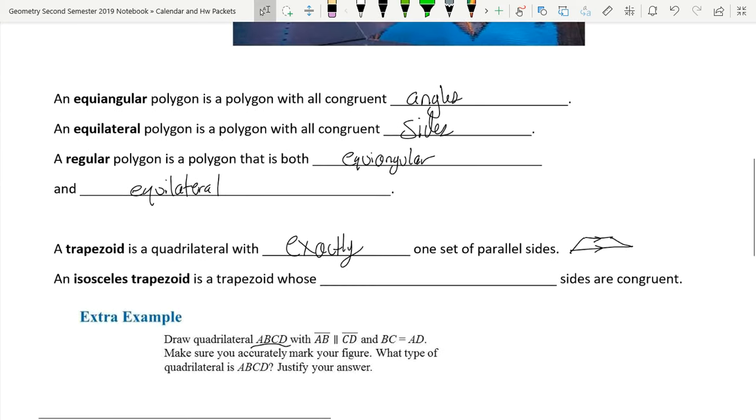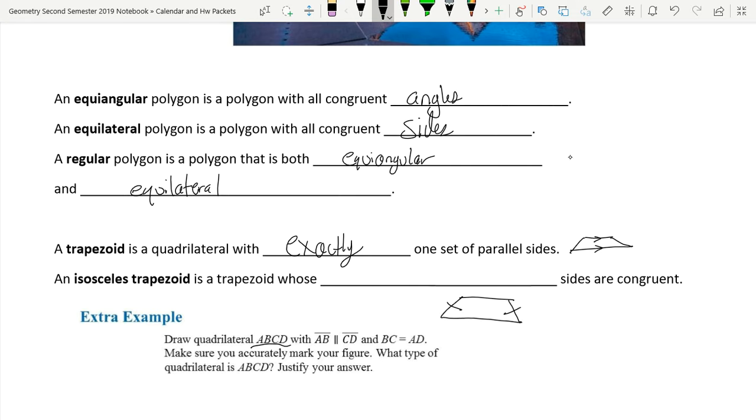There's one other type of trapezoid called an isosceles trapezoid, where it looks kind of like this, where these sides are congruent and these are parallel. That's an isosceles trapezoid. It's a trapezoid whose non-parallel sides are congruent.